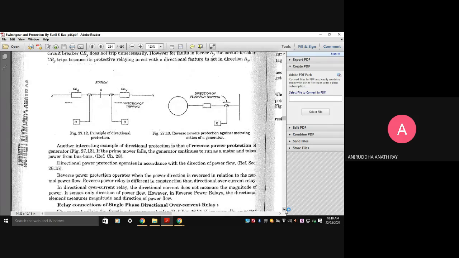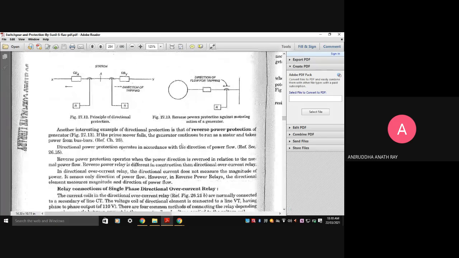Another interesting example of directional protection is reverse power protection of the generator. This diagram shows reverse power protection of a generator.